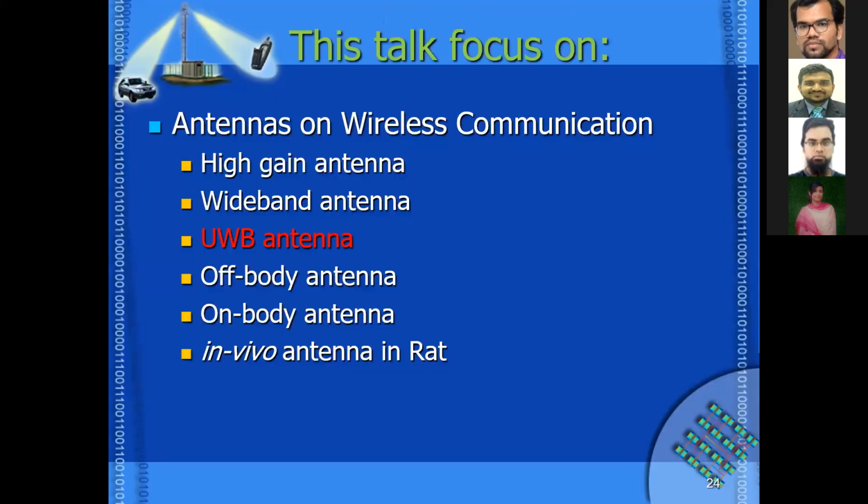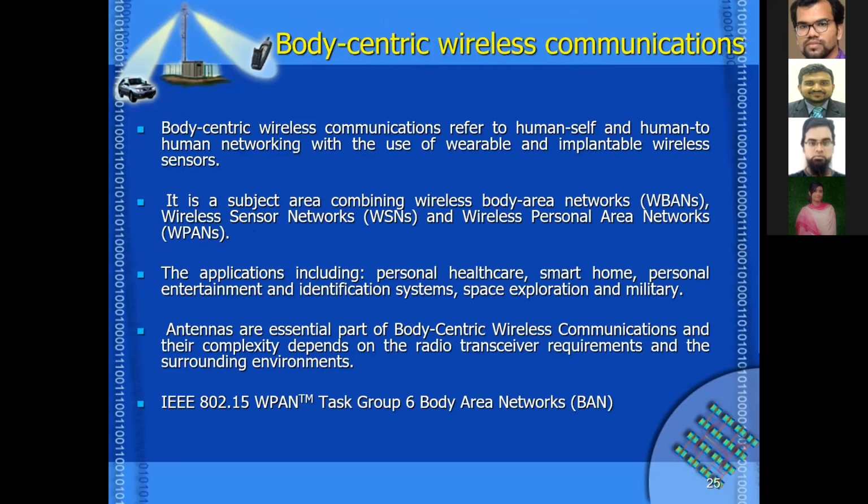Next, we move to ultra-wideband antennas. Before that, we try to build a bit of understanding of body-centric communication, because we are going to use the device in a body-centric setting. Body-centric wireless communication refers to human-self or human-to-human networking with the use of wearable and implantable wireless sensors.